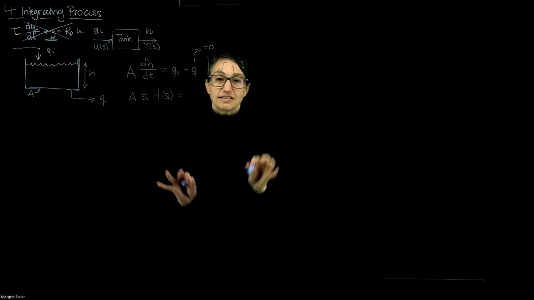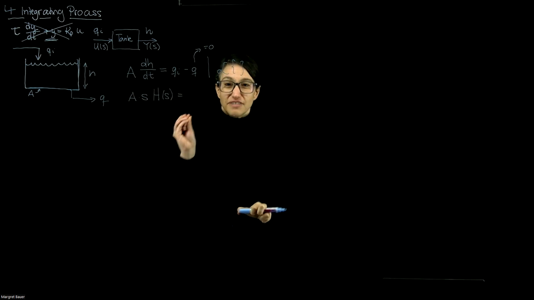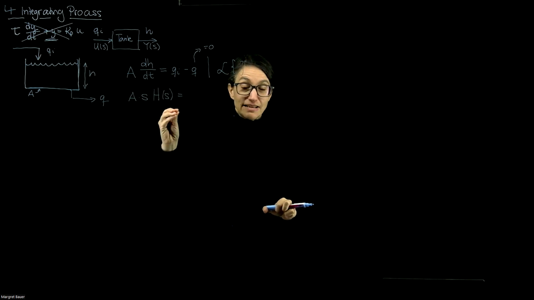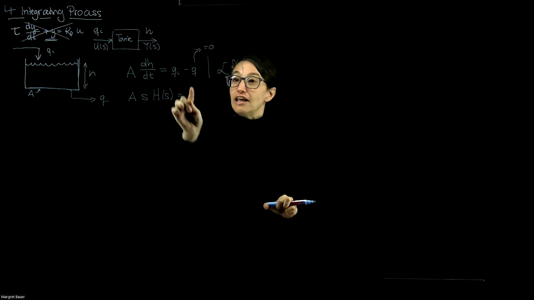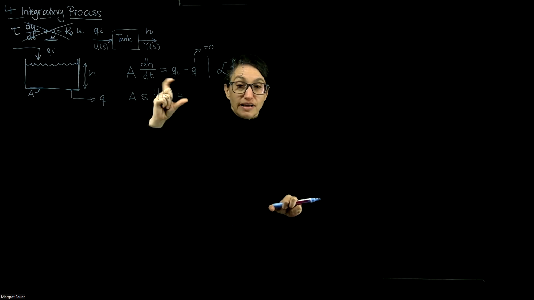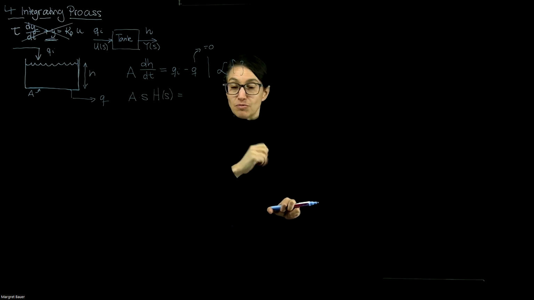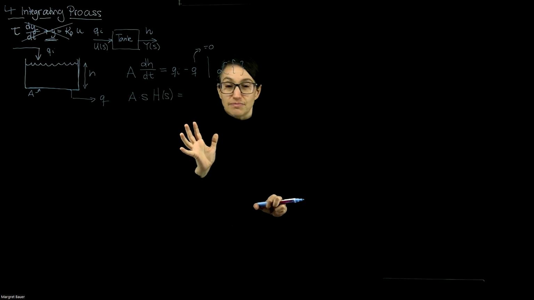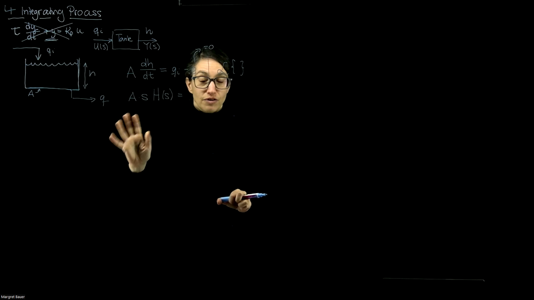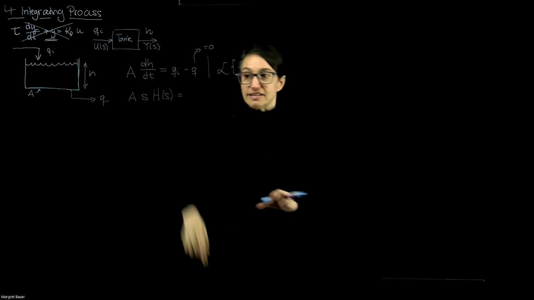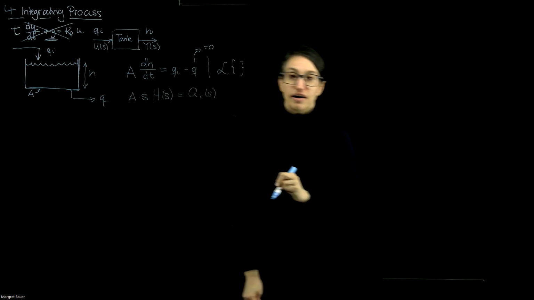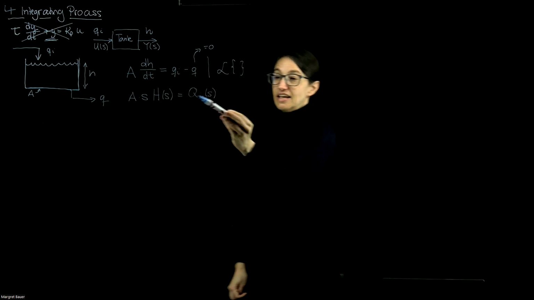We pretend it doesn't exist for the purpose right now, because we can only think of single input, single output systems. If you were to have a second input, it would be a two input, one output system, and we can't do that for the purpose of this course. There are ways of dealing with this, but we're not going to do that. We just assume for the purpose of this course that this outflow rate is 0, and we end up with our flow rate Qi of s as the input signal.